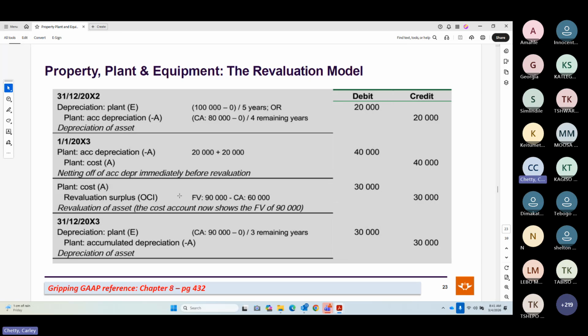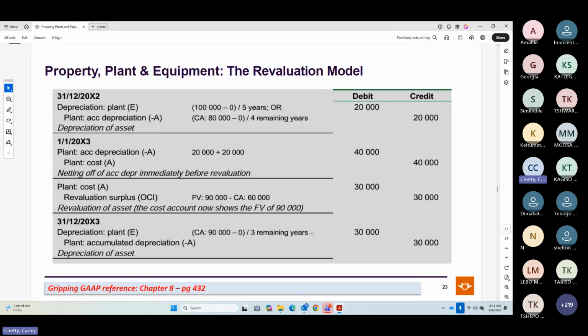Now remember, step 4 was to calculate depreciation based on the new fair value. So we're going to take the fair value of 90,000 and we're going to divide it by the remaining useful life. Our fair value was 90,000. Our residual value is still 0. And remember, we calculated the remaining useful life as 3 years.